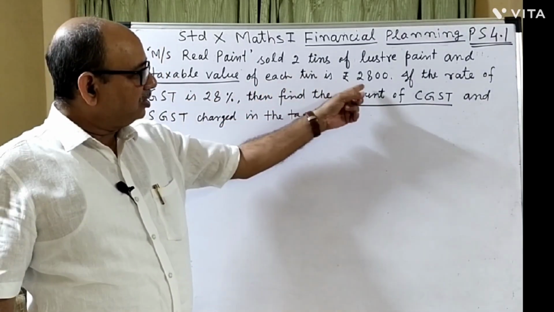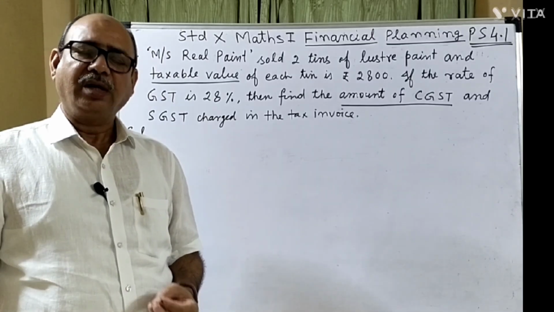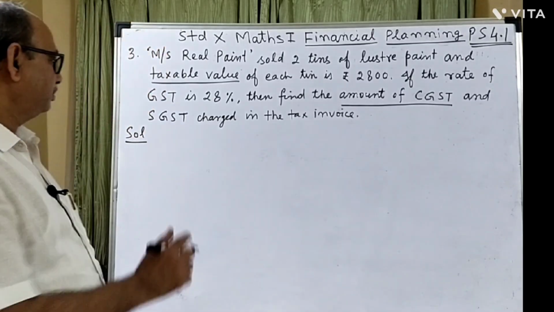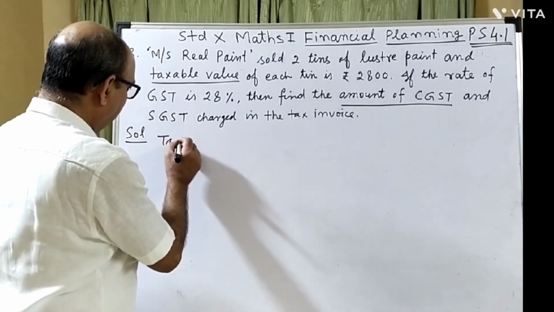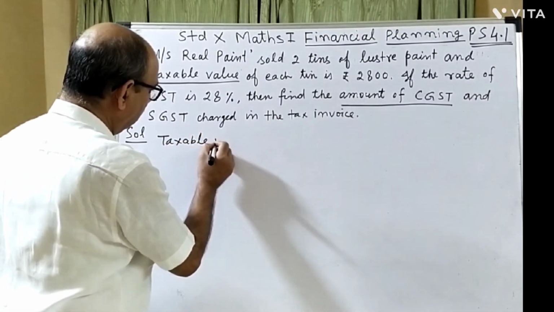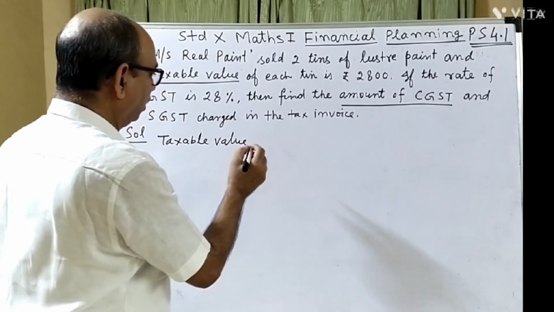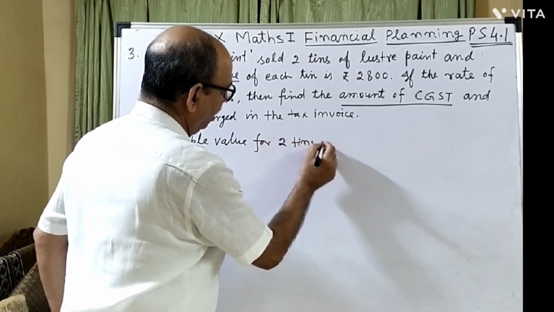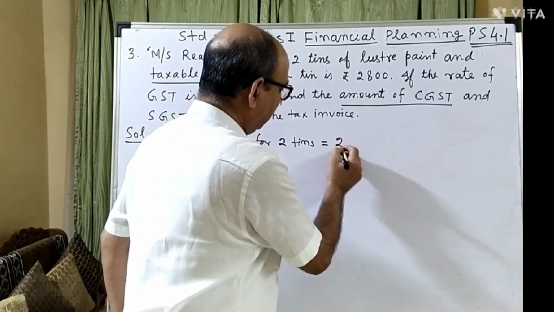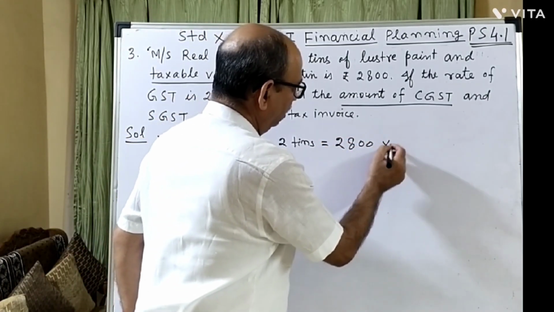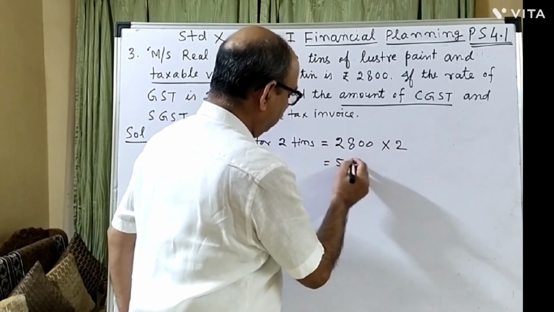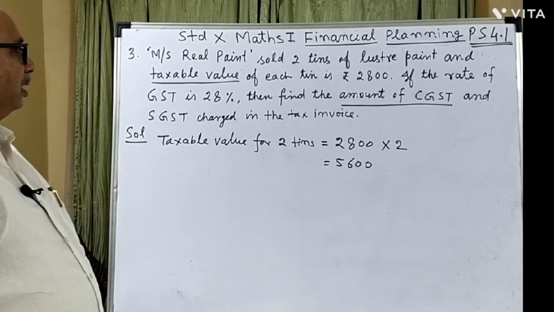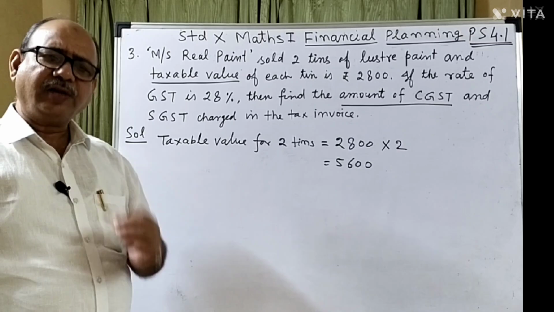Taxable value of 1 tin is rupees 2800. Then taxable value for 2 tins is equal to 2800 into 2, it is equal to 5600. Rate of GST is 28%.